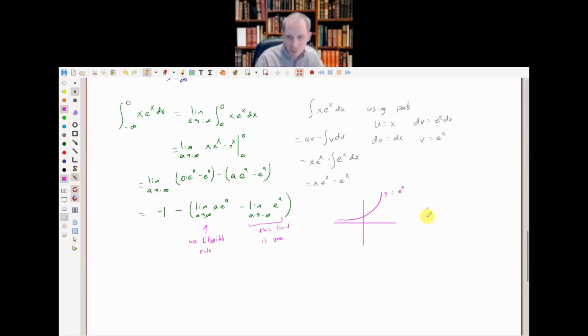Let's say I want to take the limit as a goes to negative infinity of a e to the a. L'Hopital's rule always requires us to have a fraction, and when we have a product, we can pick one of these things and just shove it into the denominator. So I'm going to take that e to the a and shove it into the denominator as an e to the negative a.